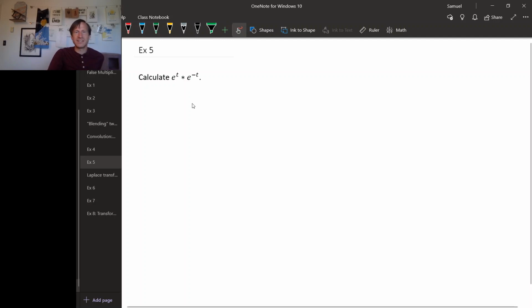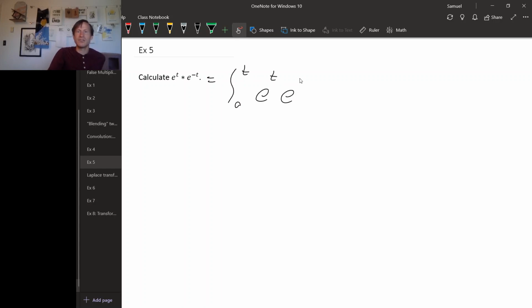So the convolution of e to the t and e to the minus t. This is the integral from 0 to t of e to the t times e to the... and remember, in the second function, that's the one where we put t minus tau. And again, I've made this mistake. This shouldn't be t, this should be tau. Okay, d tau.